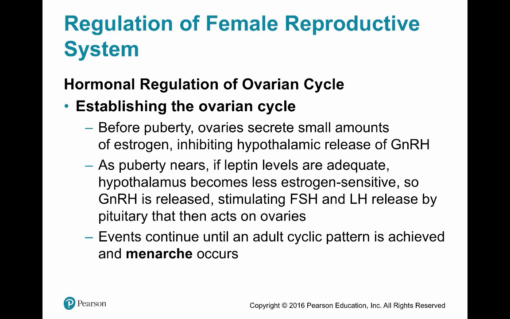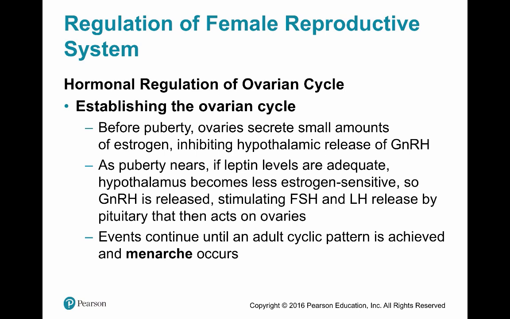Now, how do we regulate that ovarian cycle? I did talk about a few hormones in there. So, before puberty, ovaries secrete small amounts of estrogen. And so basically that helps to inhibit the release of gonadotropin releasing hormone from the hypothalamus. As puberty nears, if leptin levels are adequate, the hypothalamus becomes less estrogen sensitive, so that gonadotropin releasing hormone is released.